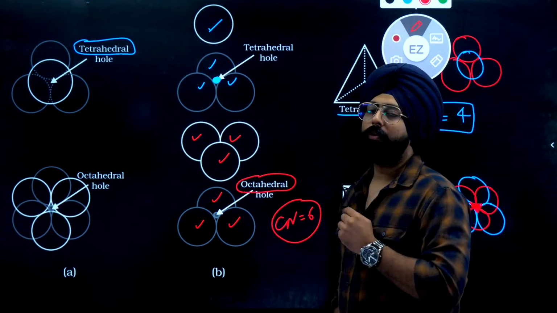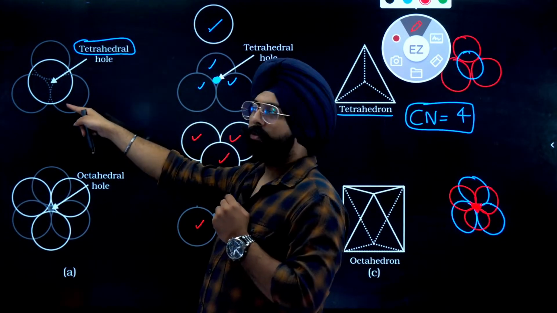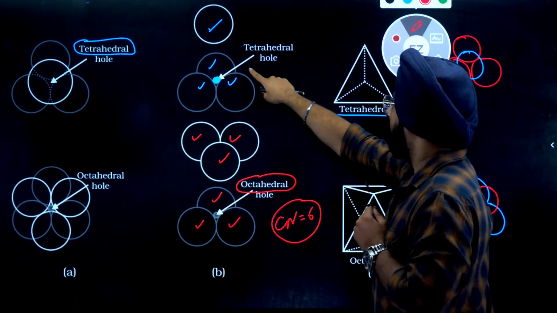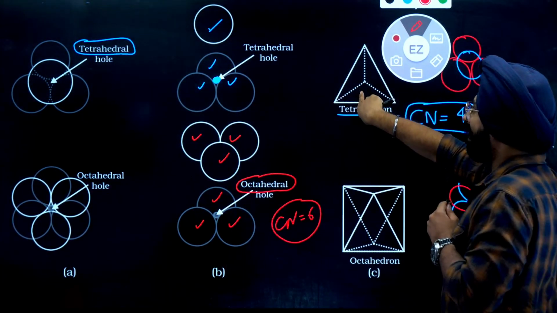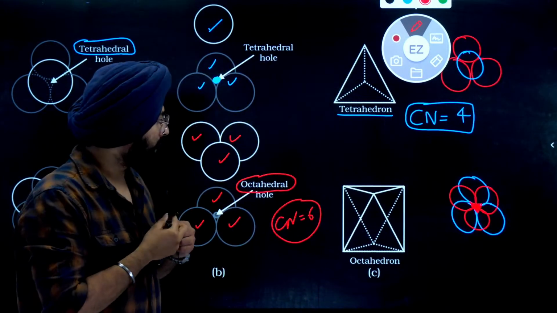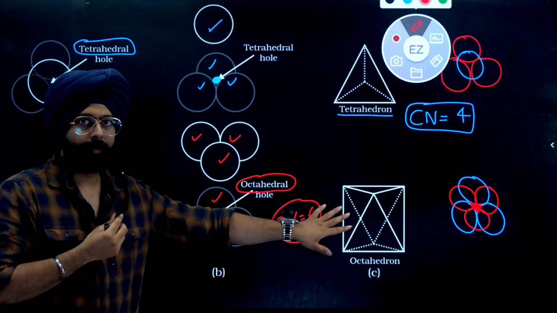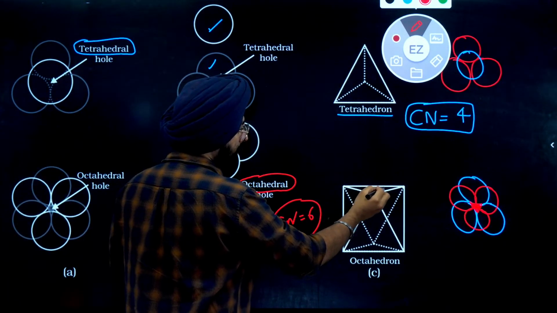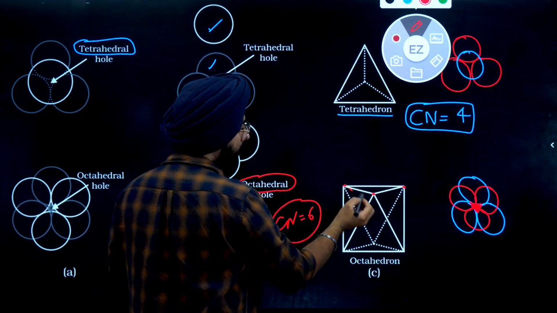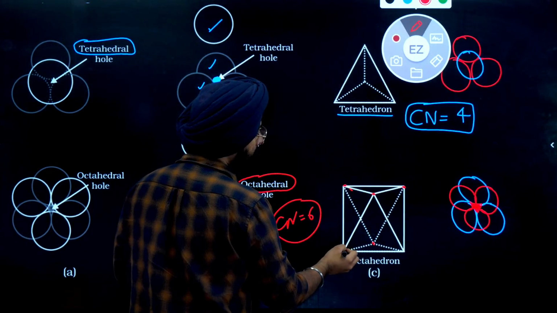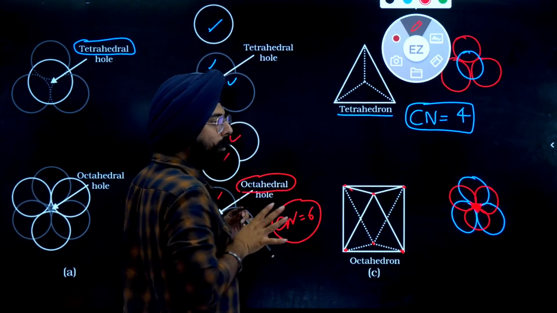Octahedral void. For the tetrahedral void, the shape that you form out of the void is a tetrahedron, and over here you will have an octahedron being formed. 3 atoms at the top and 3 atoms at the bottom, and you're sitting in the middle.